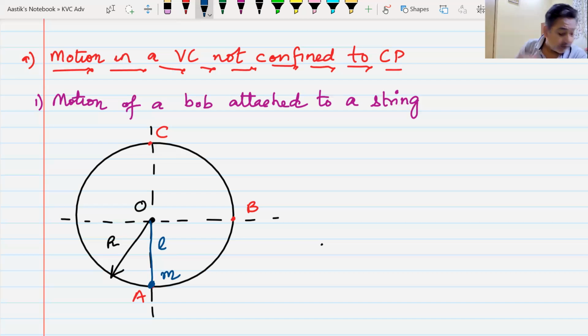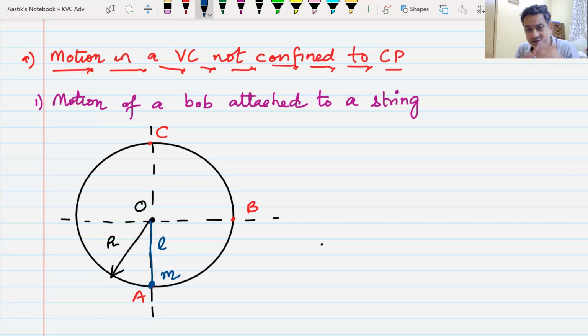It will follow projectile motion and fall on earth. When the string breaks, what happens to the tension in the string? It becomes zero.